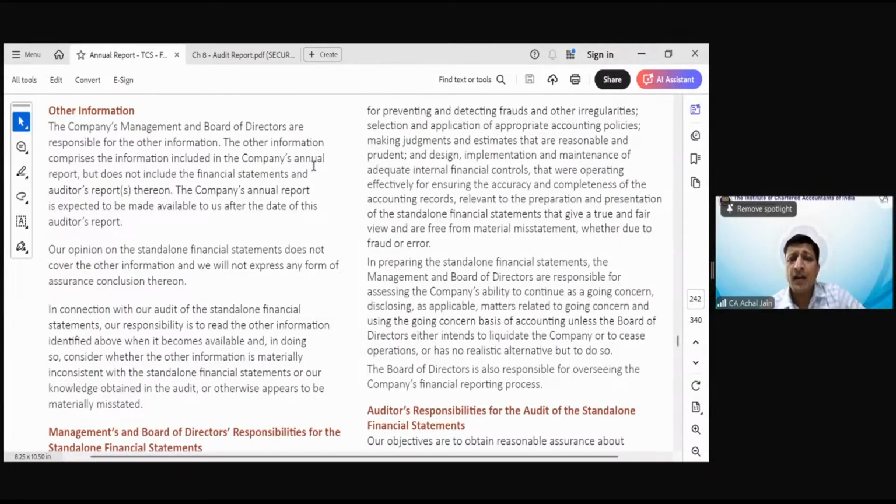The other matter paragraph is completely different from what you see in the other information para. What is that other matter para? We'll talk about it once we look at modifications, EOM, all of those things. That is when we'll look at the other matter paragraph. But you can understand that this is different from other information.